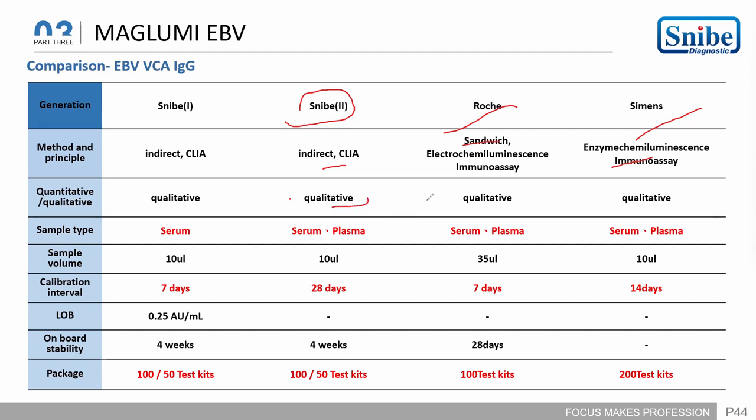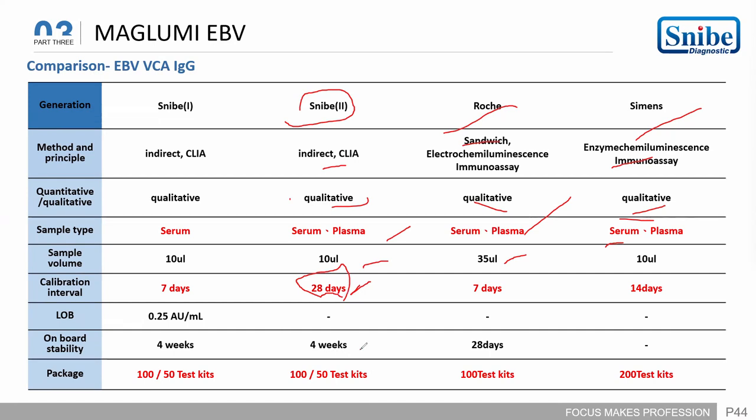All of them are qualitative analysis. Both serum and plasma are available for testing, and the 10 microliter sample is almost equal to the Siemens assay, whereas Roche requires a higher sample volume. We have an enhanced calibration interval of 28 days, which is an edge in onboard stability and the reliability of the assay in low volume EBV VCA IgG testing.